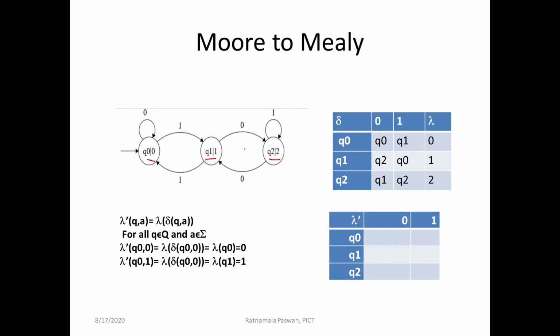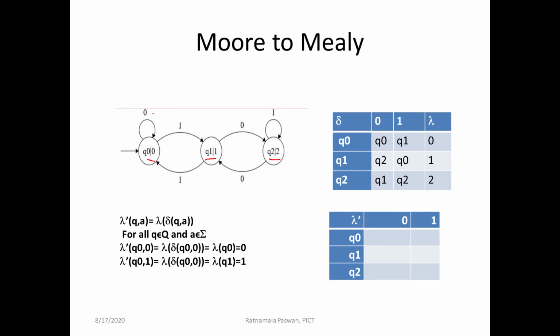Quickly we will see, it's very simple when we convert any Moore machine to Mealy machine. I'll explain without mathematics first, with the help of this transition diagram. As you can see here, output is associated with the state. So when we convert this Moore machine into Mealy machine, we have to label every transition with the output.